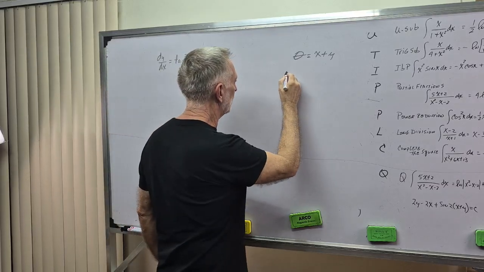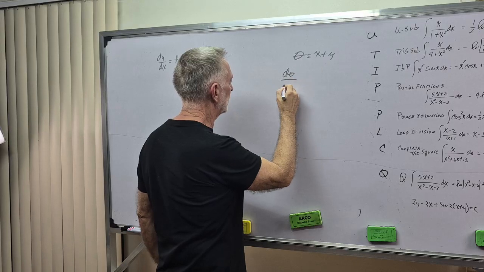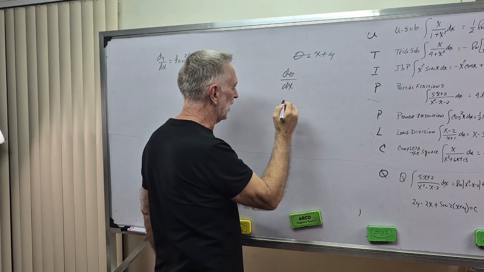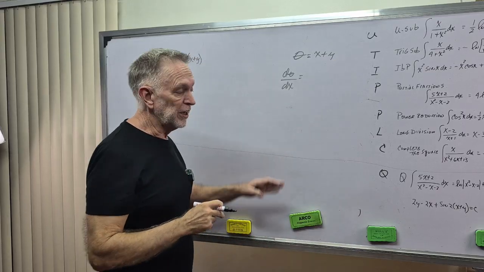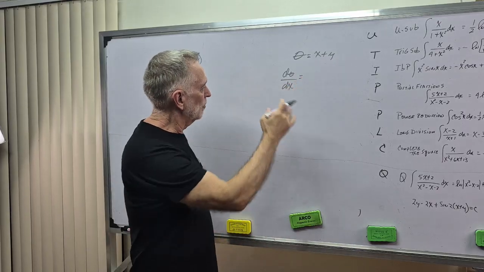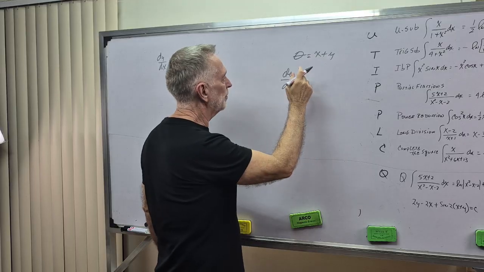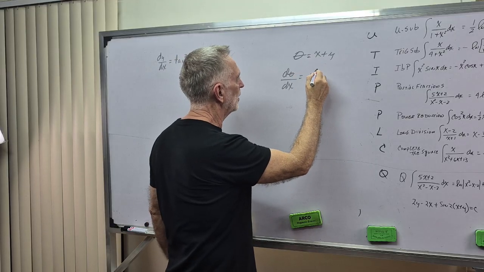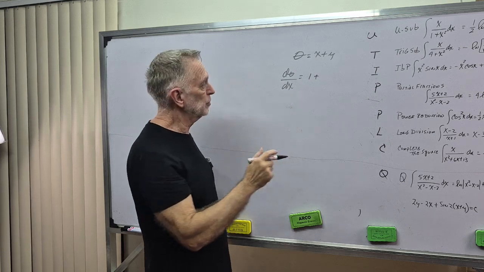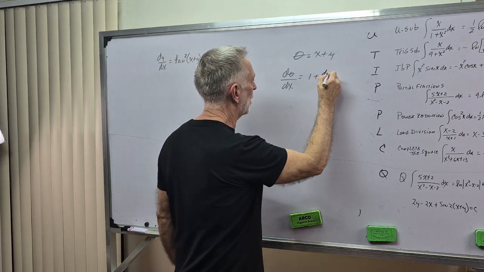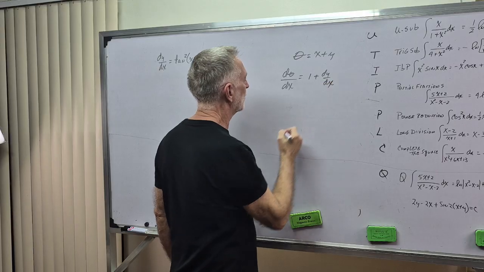So let me take the derivative of that, d theta with respect to x. Now I'm going to take the implicit differentiation of both sides. The derivative of x would be 1 plus the derivative of y with respect to x, which is dy dx.